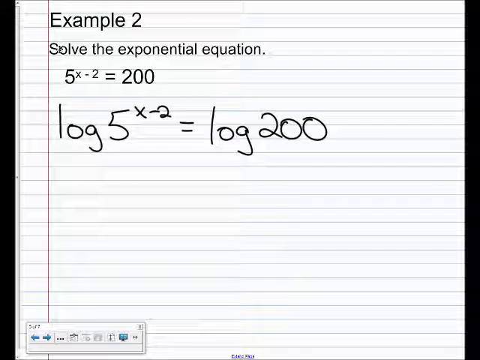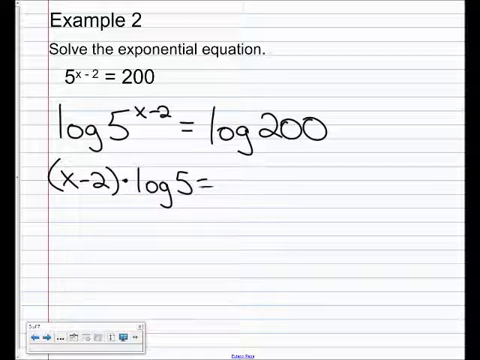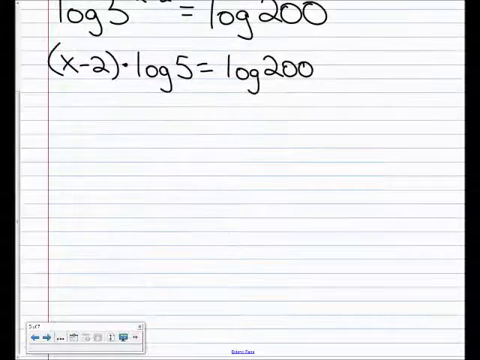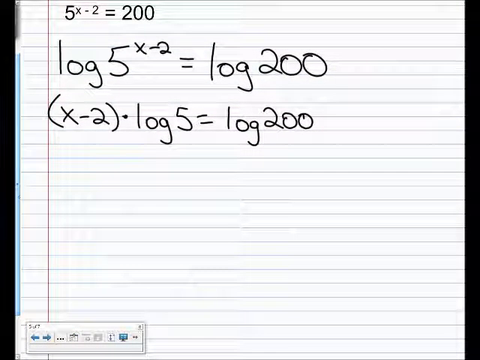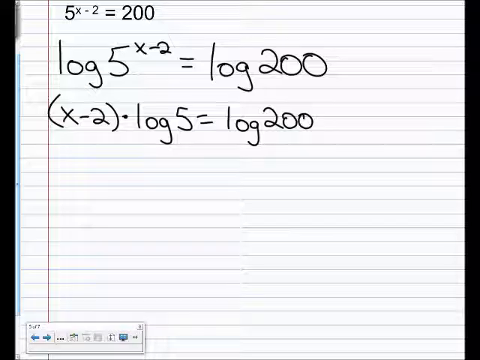I can move it to the front, and it multiplies. So notice my x minus 2 has been moved to the front.